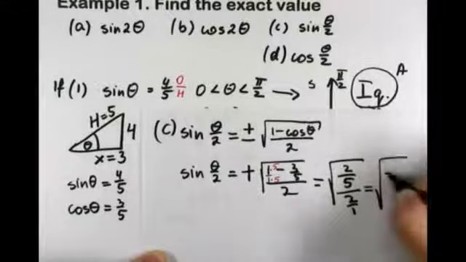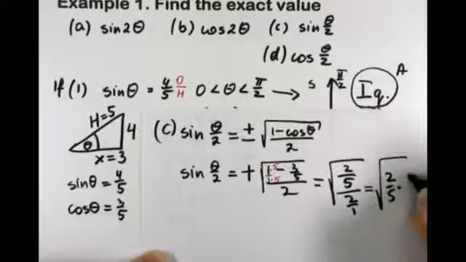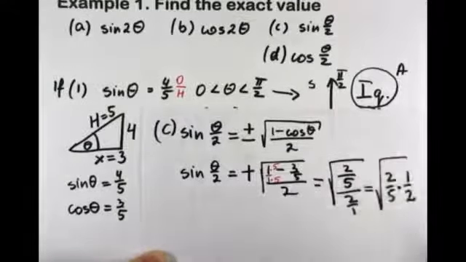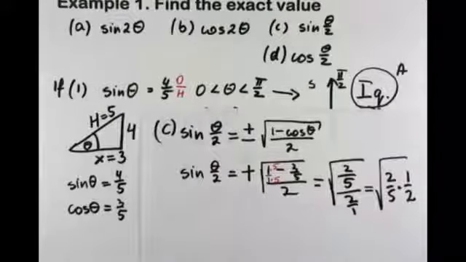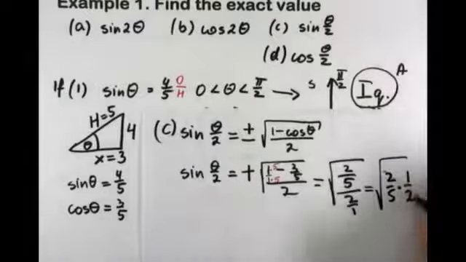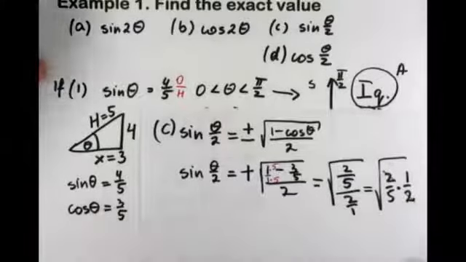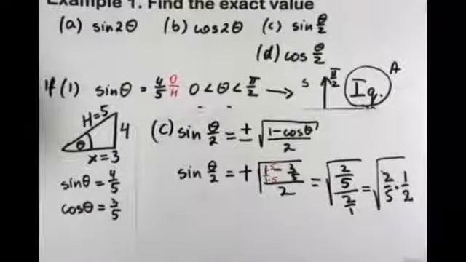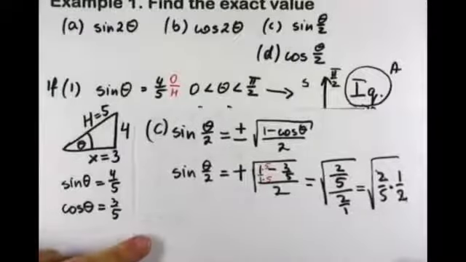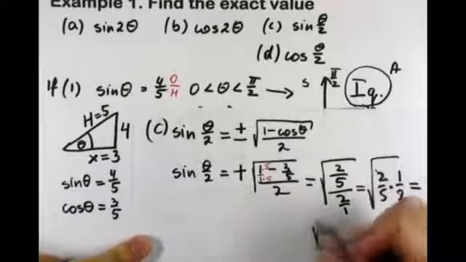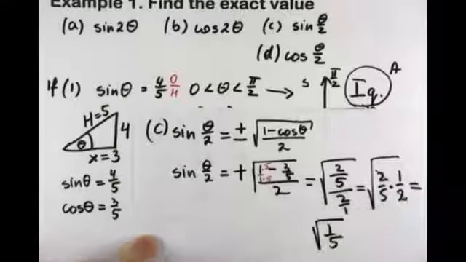I have square root of 2/5 times 1/2. 2 and 2 cancel out, so I'm getting square root of 1/5. So this is equal to square root of 1/5.